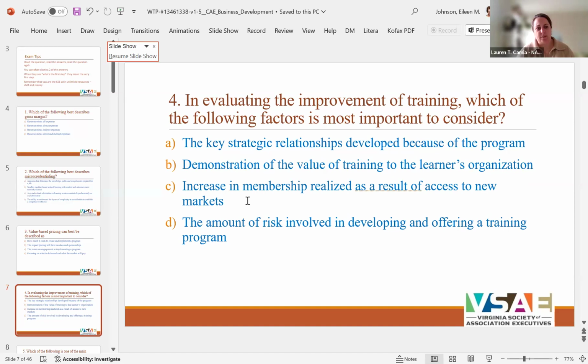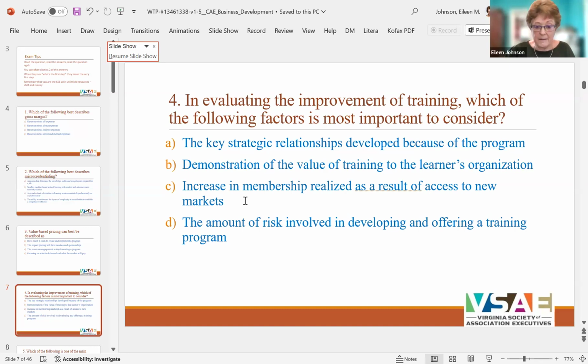That doesn't seem to make much sense to what it's asking, in my opinion. And then between demonstrating value or the amount of risk, I think I will lean towards B because it seems to be the more positive of the two. So that's my guess.